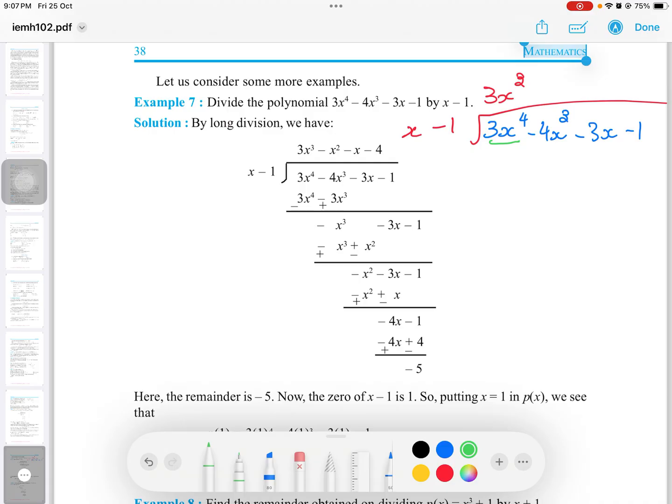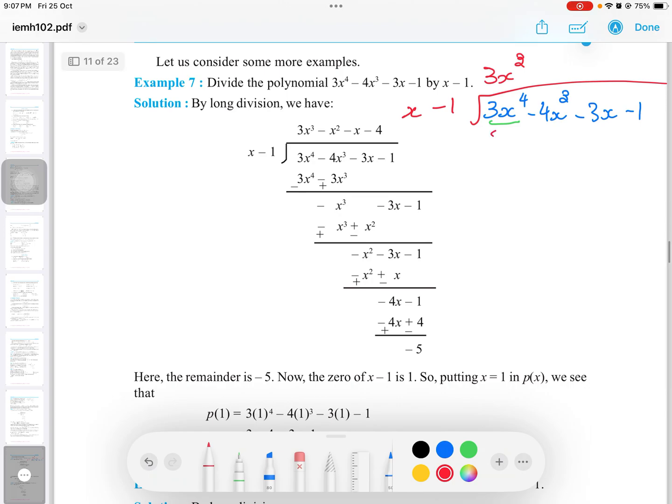Because x times 3x cube will give me 3x power 4. That's just what I said. Now I'm writing 3x power 4. The blue color should have been red color. That's just the exception here in my color coding. And now we are not multiplying the whole term with x alone.